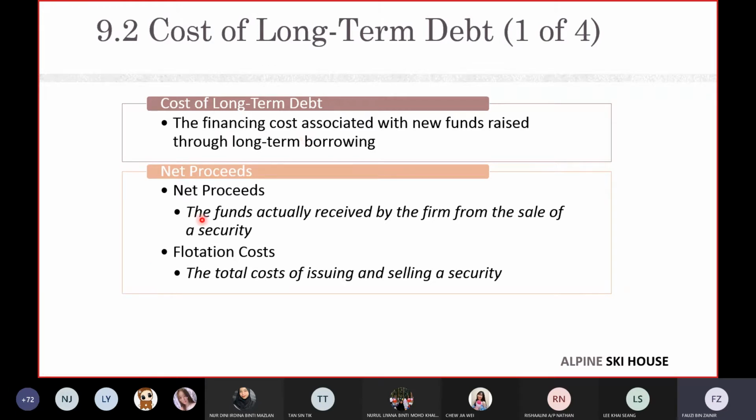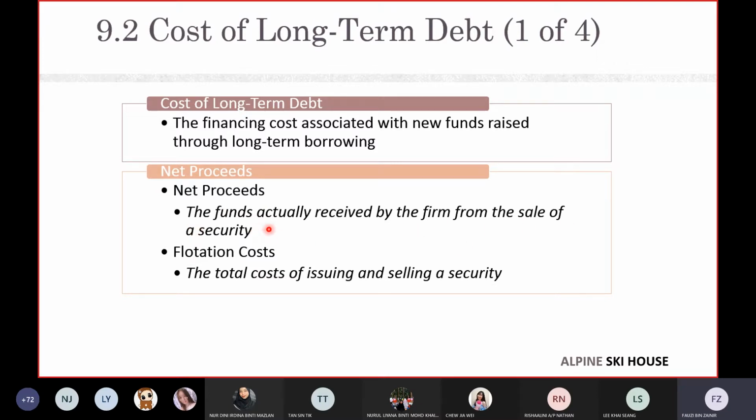Sometimes companies also borrow money from the banks, but here we are looking more specifically at issuing bonds. And then we have other costs that come with issuing new securities, which is the net proceeds. The funds actually received by the firm from the sale of a security.